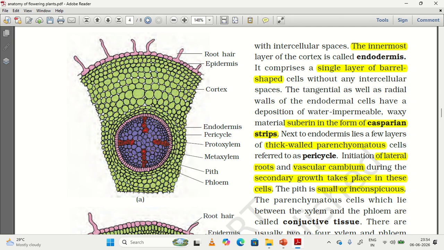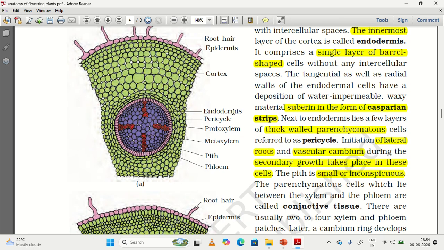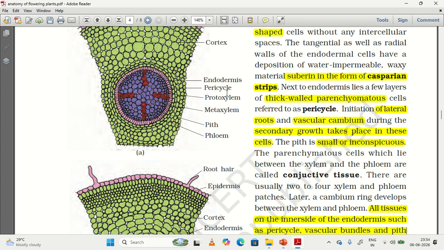The radial and tangential walls of the endodermis have suberin depositions. These depositions we call Casparian strips. Next to the endodermis, you will have the pericycle, which is important in the formation of lateral roots and vascular cambium during the secondary growth.